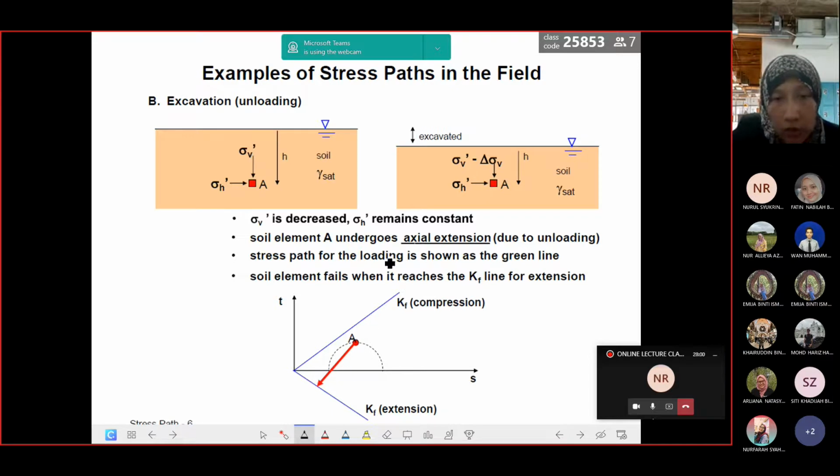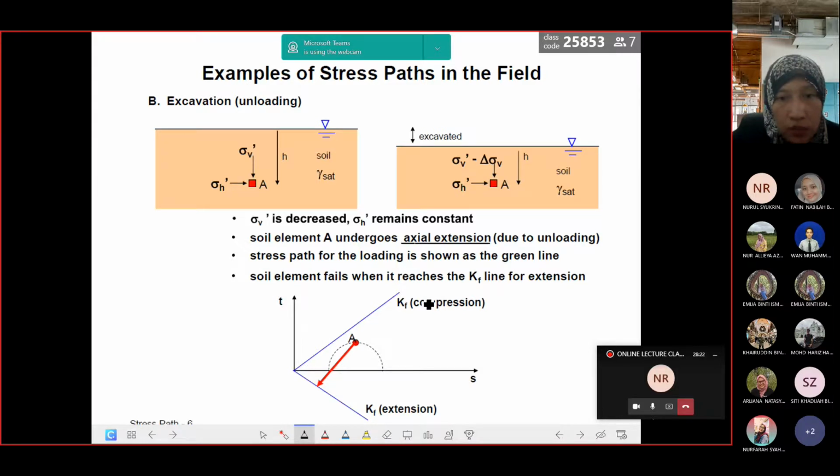However, during the unloading conditions, you can see that right now these samples ataupun point A is subjected to axial extensions. So this time KF yang berlaku kat sini dia backward, dia heading backward. So they produce to you final envelope, failure envelope in extension conditions.